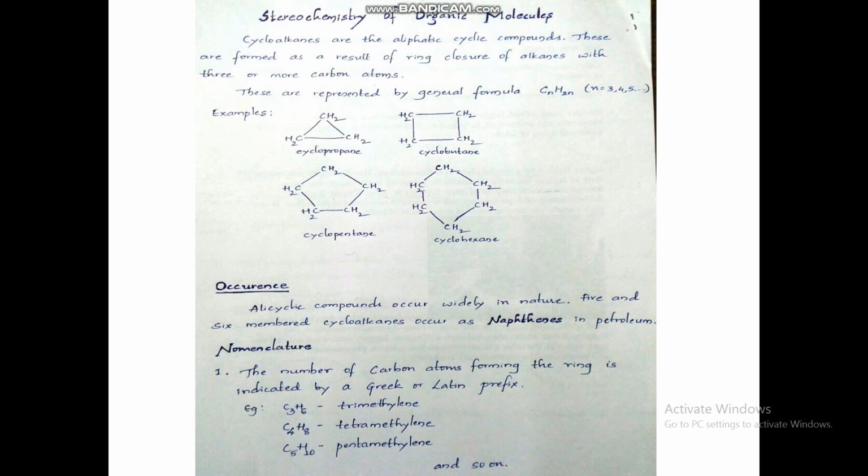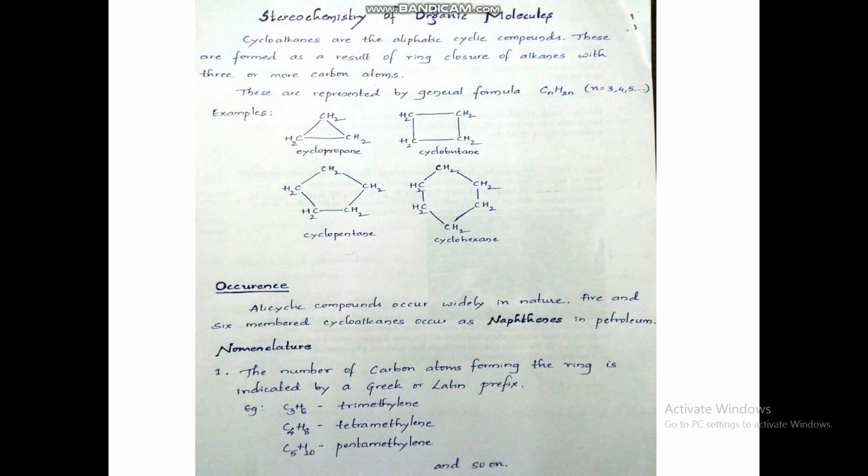Here, three or more carbon atoms form a ring structure. They may be simple saturated or unsaturated hydrocarbons, or compounds having a different functional group also. Functional group means alicyclic alcohols, aldehydes, ketones, acids, etc. So this is about cycloalkanes.